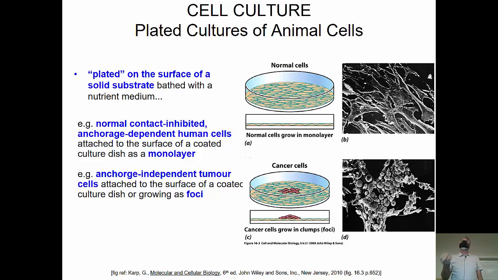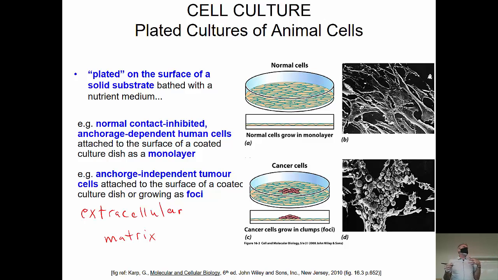the surface is treated with components from what we call the extracellular matrix, which we'll come way back to much later in the term. The extracellular matrix is everything that surrounds the cells in your body.